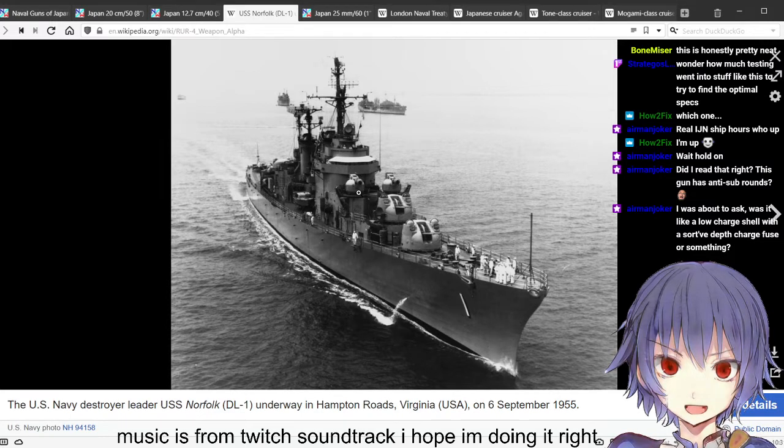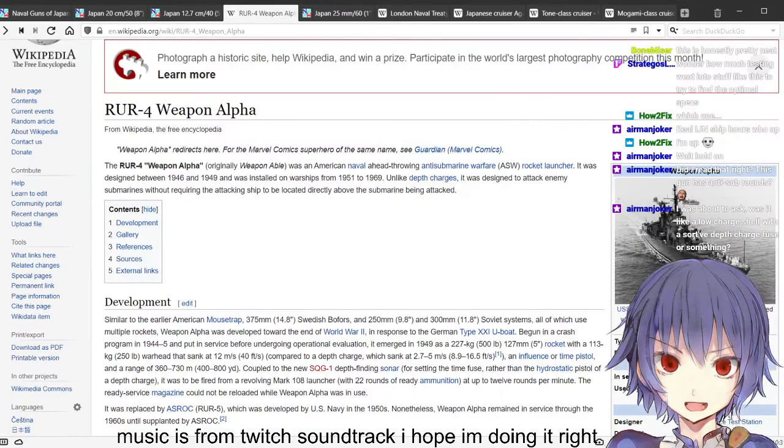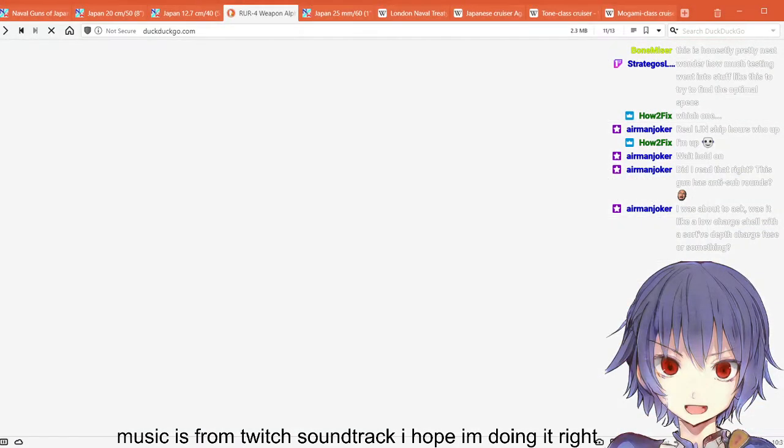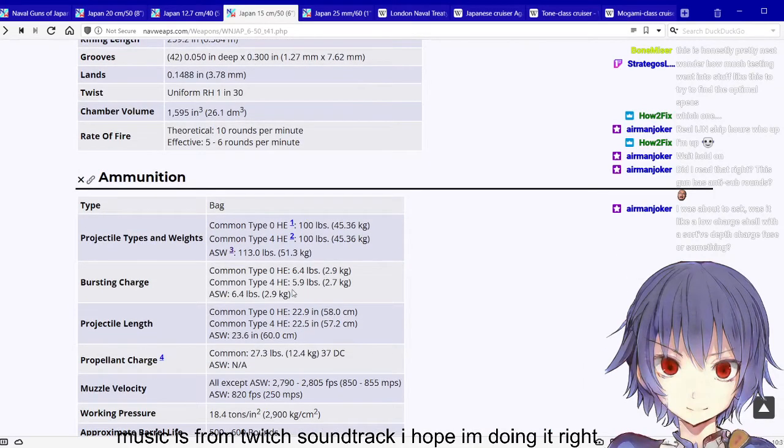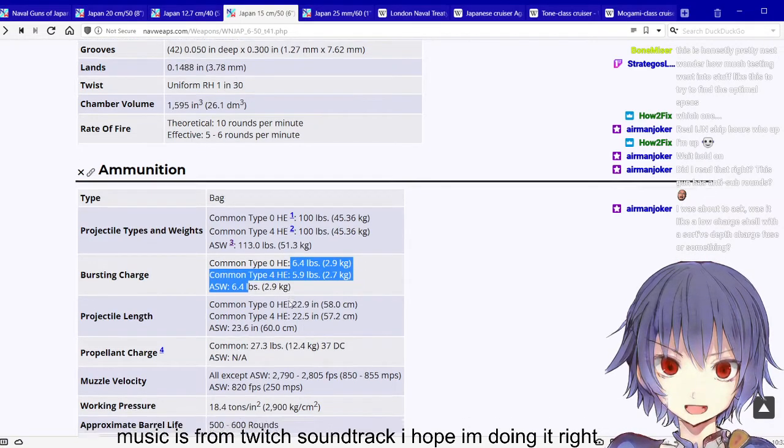It's like a low charge shell with a depth fuse or something. No, it's supposed to penetrate. It's supposed to pen armor. Not really armor, but the hull of the submarine. I can actually see the charge, I believe. The bursting charge had the same charge as the first version of the HE shell, so about 3 kilograms of explosive.